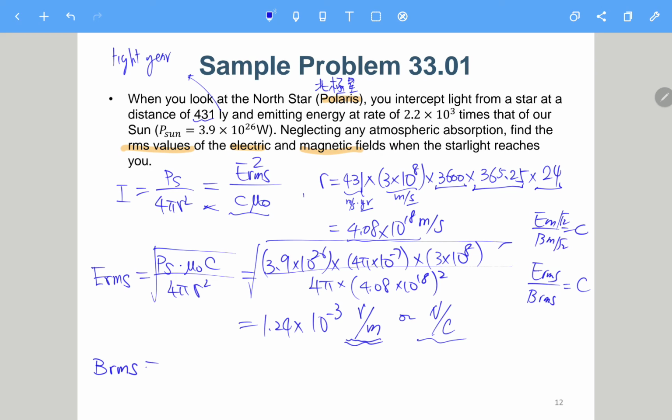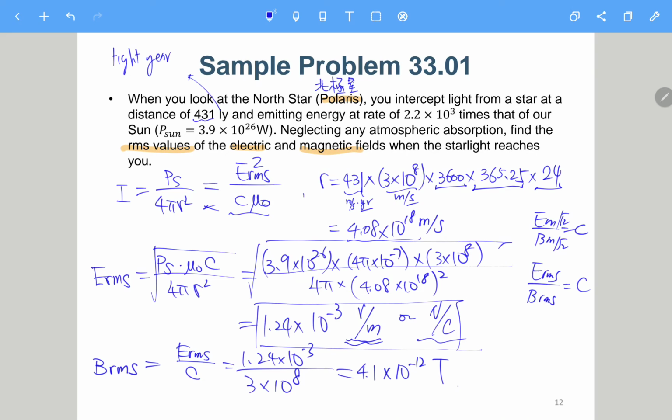So BRMS is nothing but ERMS over C. So it is just 1.24 times 10 to the negative third power over 3 times 10 to the eighth power, which is 4.1 times 10 to the negative 12 Tesla. So this is ERMS, this is BRMS.